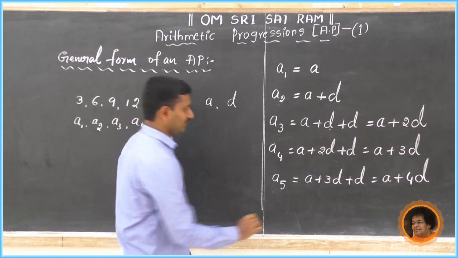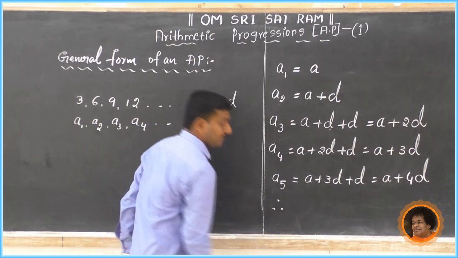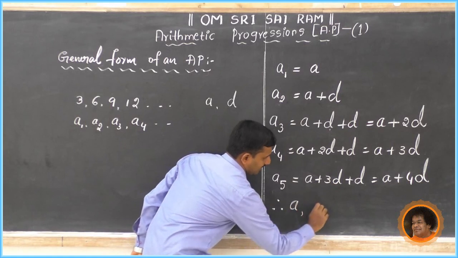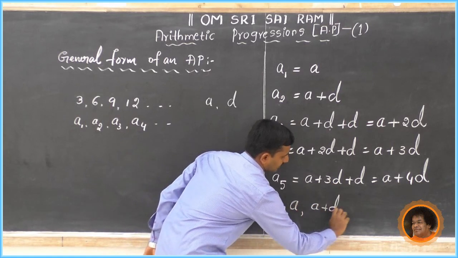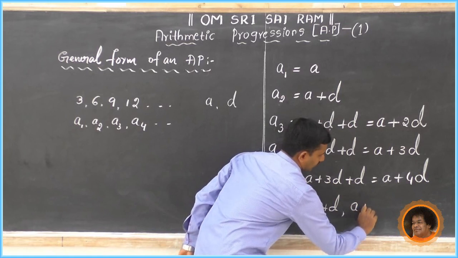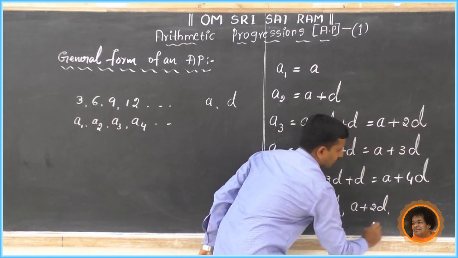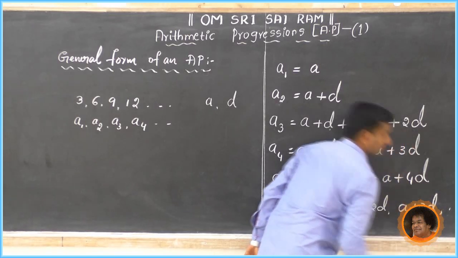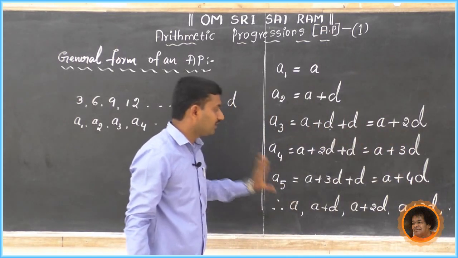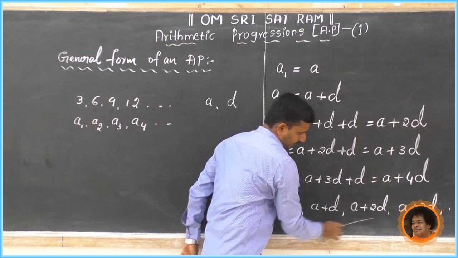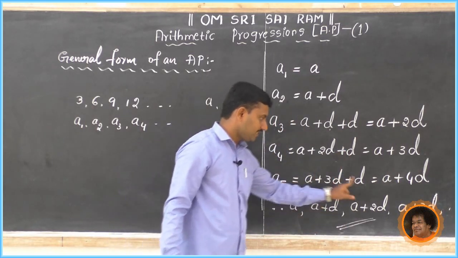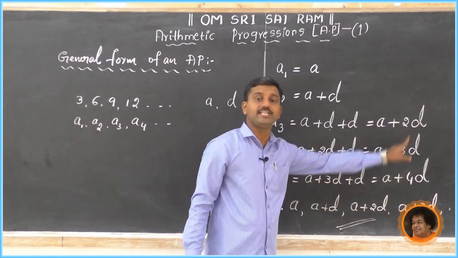Therefore, the general form of AP: first term A, second term A plus D, third term A plus 2D, fourth term A plus 3D, and so on. So this is the general form of the AP. Very important.